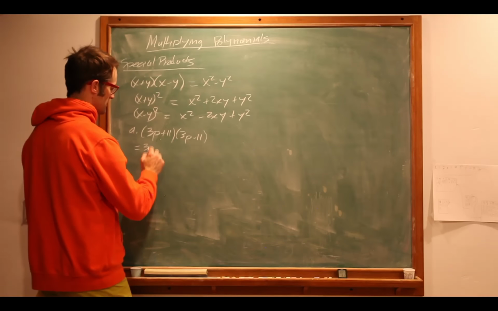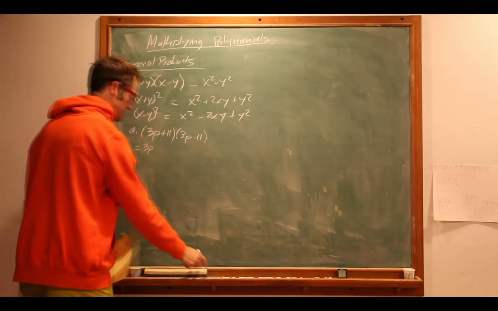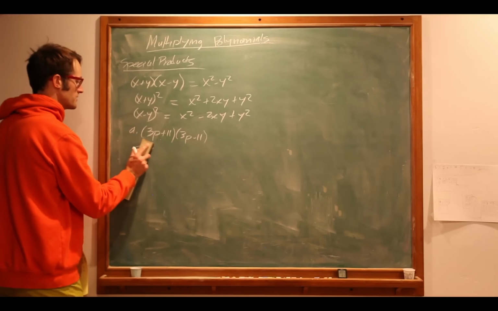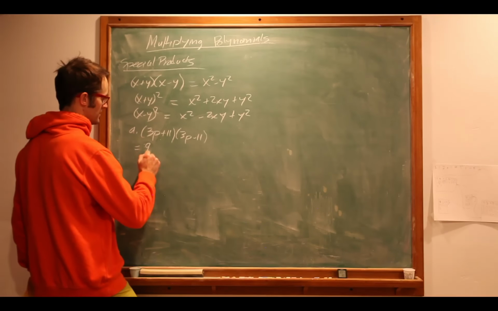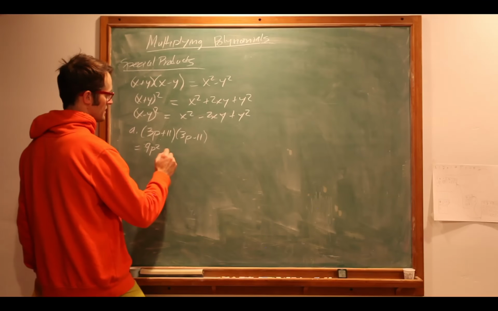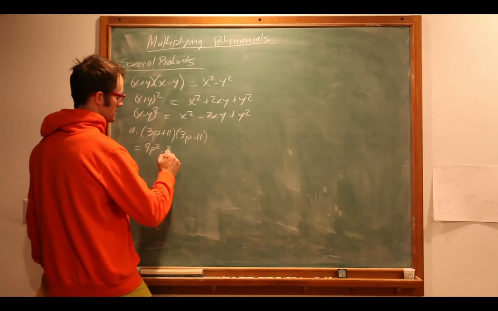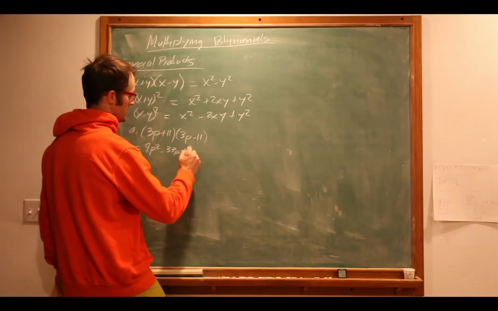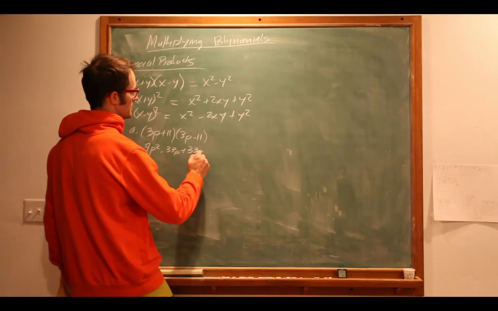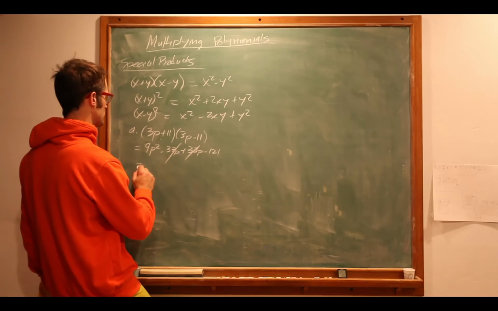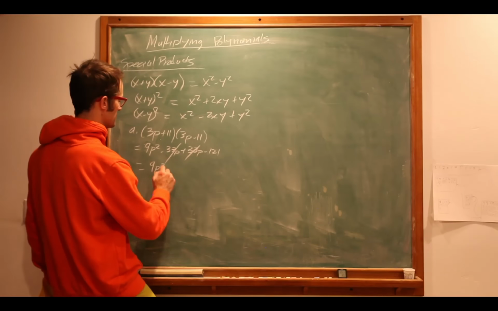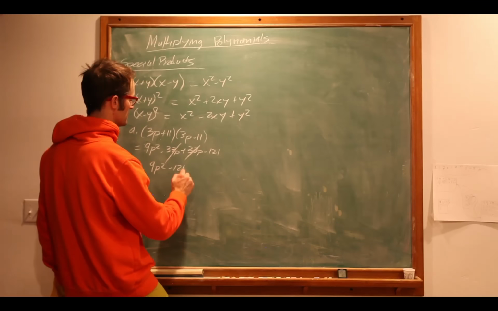So 3p, well, sorry. Let's do the FOILing necessary. 9p squared minus 33p plus 33p minus 121. So the cross terms cancel, and it equals 9p squared minus 121.